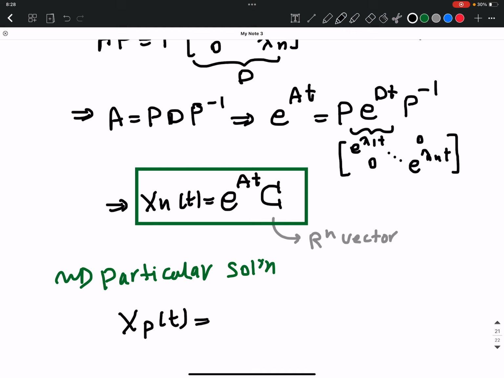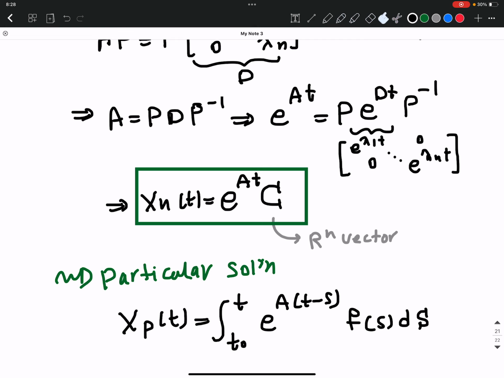So it will be the integral from t0 to t of e to the A(t minus s) F(s) ds.